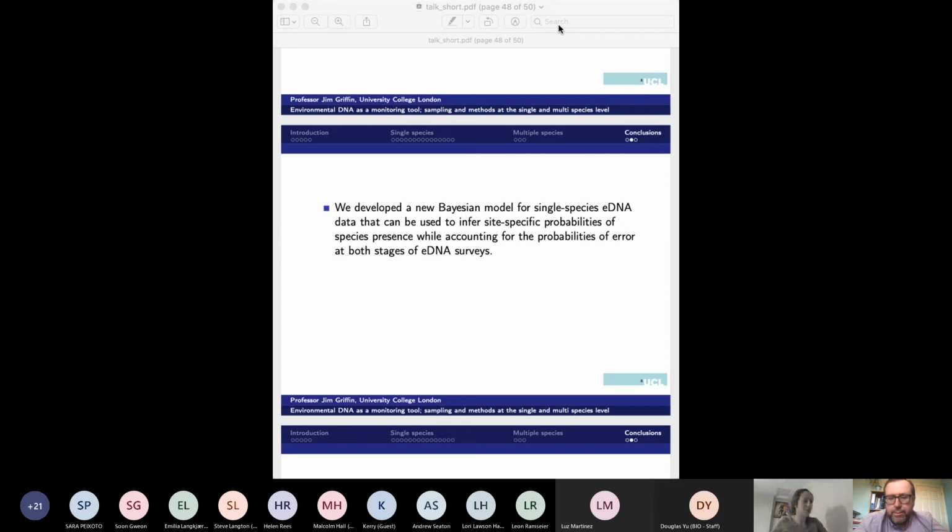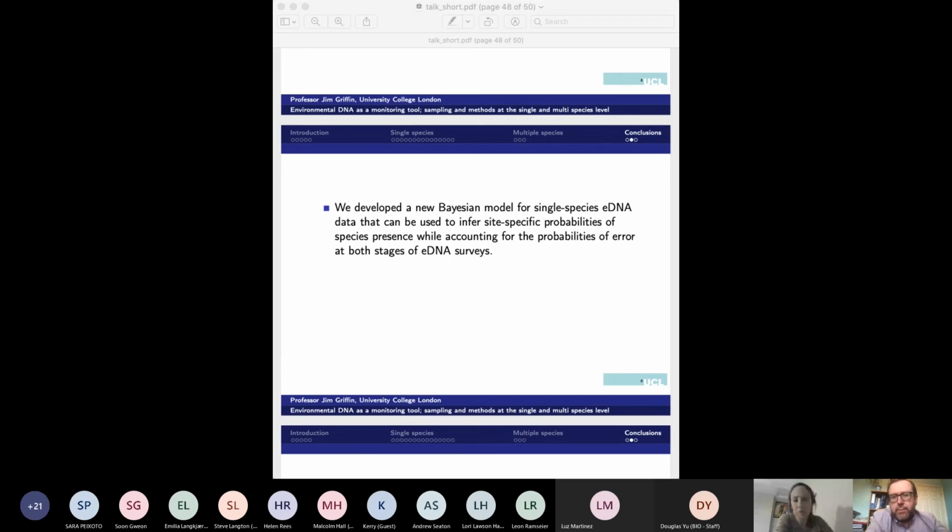In the meantime, maybe I will just briefly mention that today we've seen applications for single species, for multi-species, from looking at ancient DNA that Francesca looked at, or projecting things in the future like Doug did, and also Kerry talking about a much broader application of DNA-based surveys for monitoring.